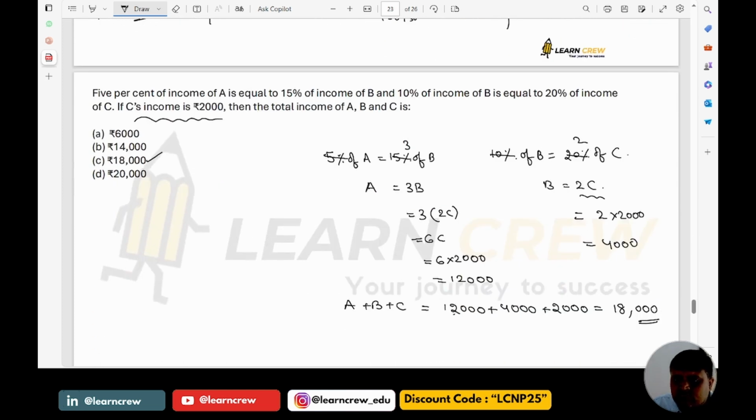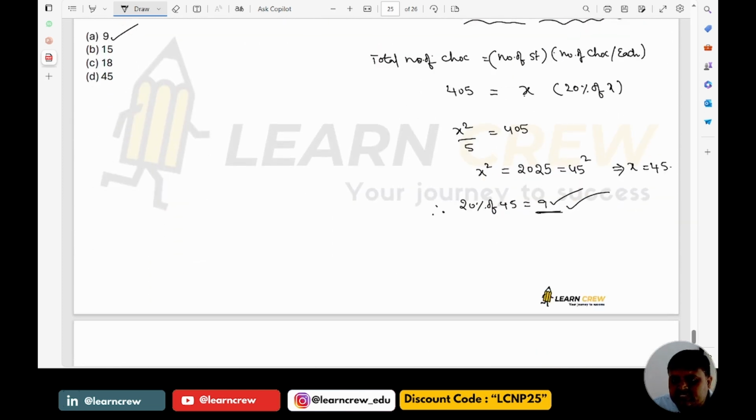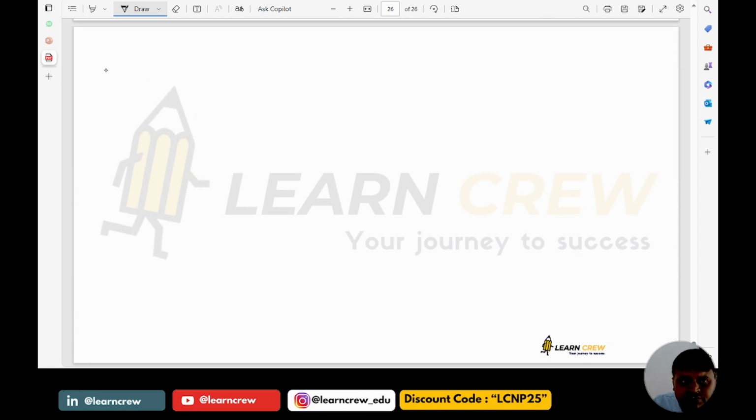So once again, I am writing these things in the final sheet. The first one, percent means per 100. So x percentage means x by 100. This is what we discussed. Conversion of percentage to fraction. The next, fraction to percentage. X by y means x by y into 100.